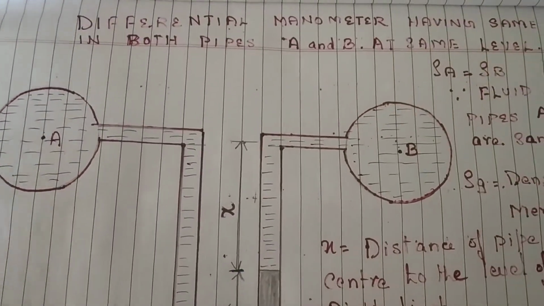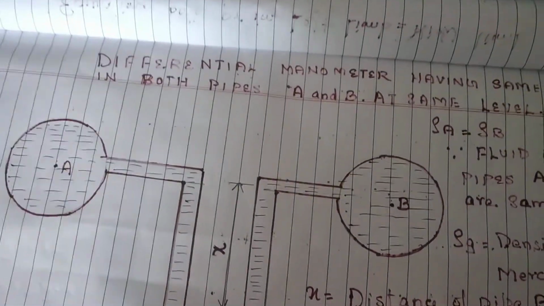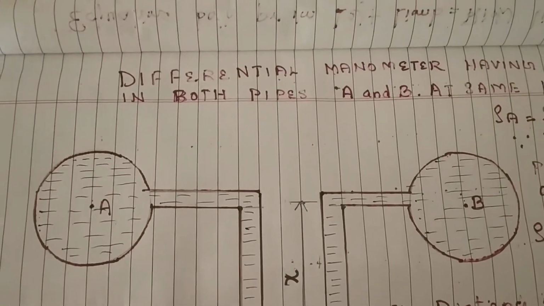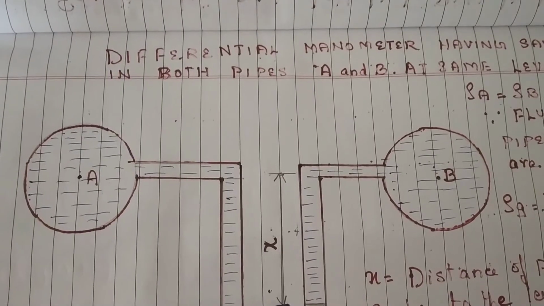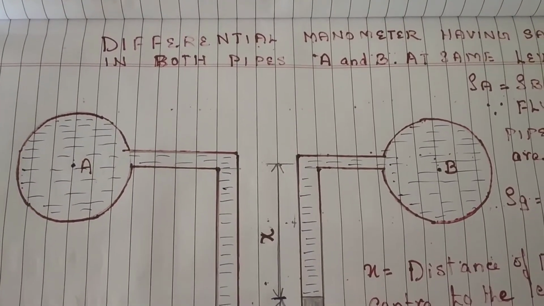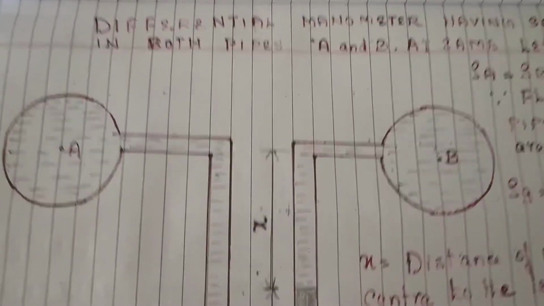So in this topic I will explain the differential manometer having the same fluid in both the pipes A and B, and both the pipes are at the same level.